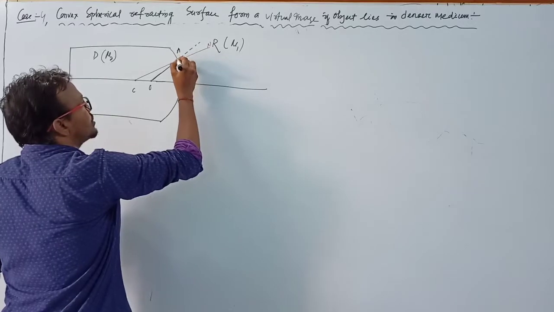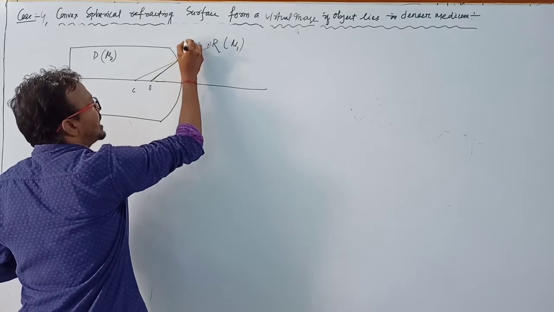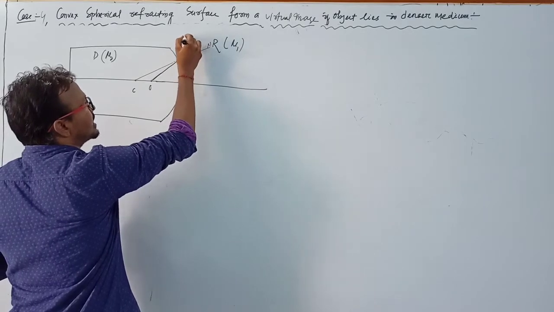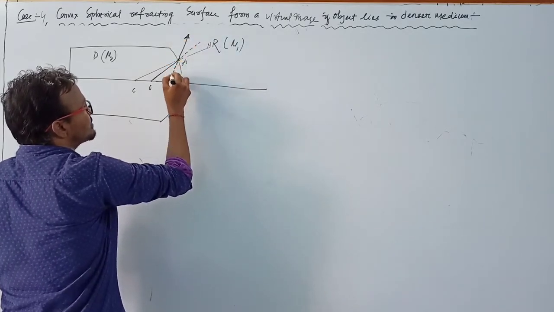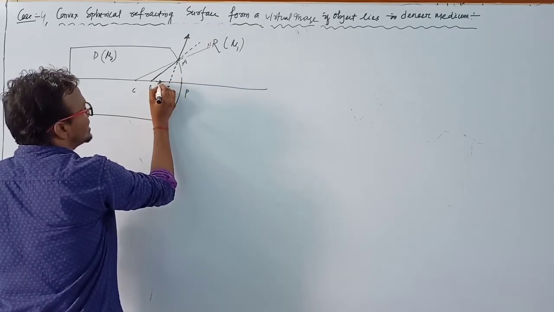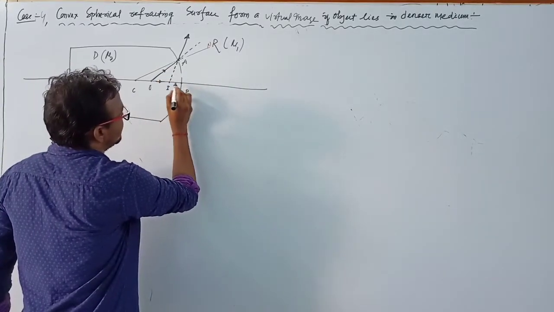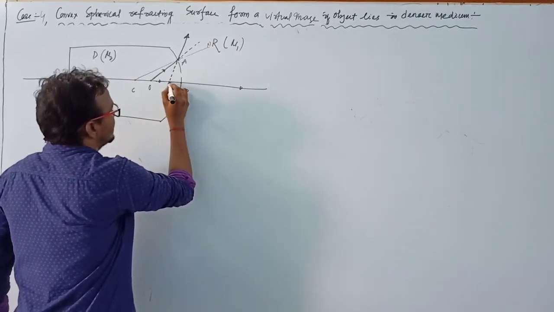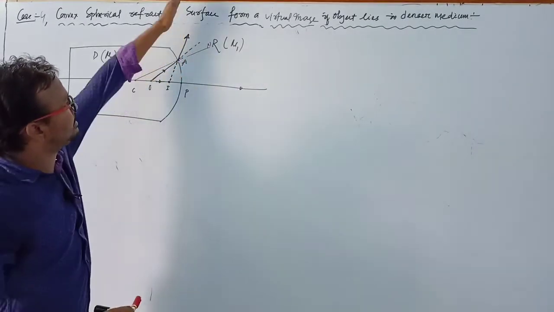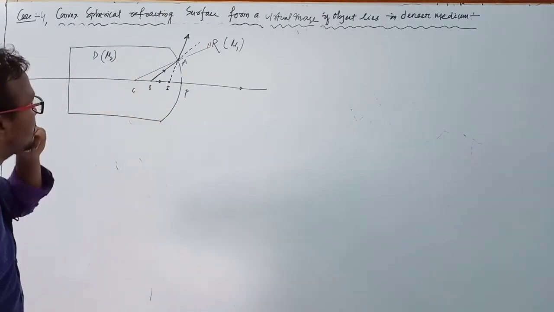So this direction, and the ray traveling away from the normal like this, this is the refracted ray, and it appears to meet at this point I. If another ray, the second ray, travels along the principal axis and passes in this direction, then this is the intersection point, and this image is known as a virtual image. Why? Because the refracted ray travels in this direction and its produced line meets the principal axis at point I. So it forms a virtual image.